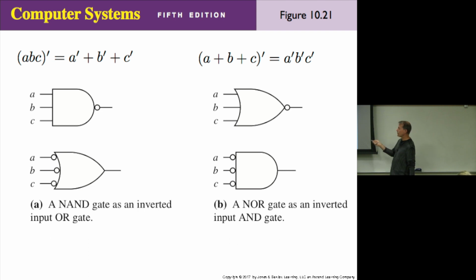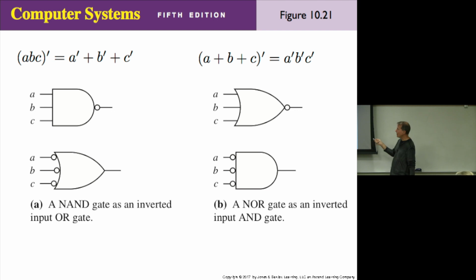But on the other hand, we know by De Morgan's law that if you invert A and B and C, what do you get? A prime or B prime or C prime.